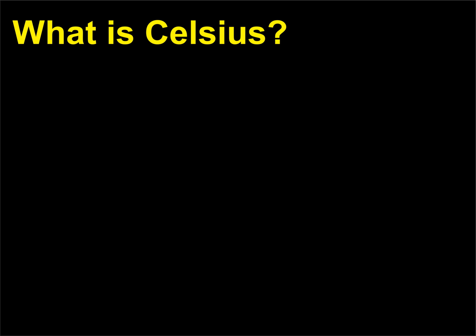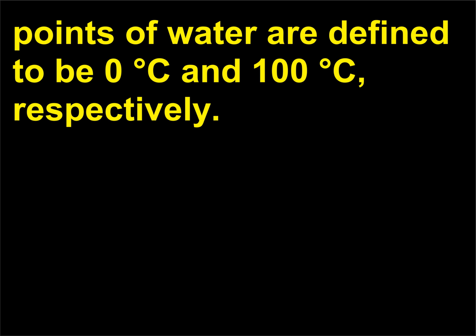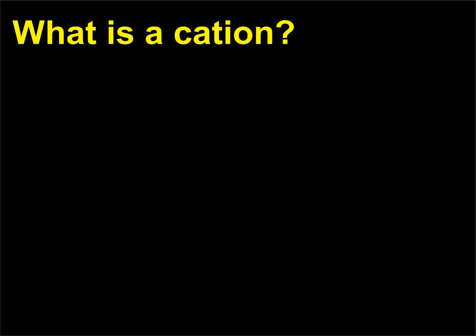What is Celsius? Common temperature scale in which the melting and boiling points of water are defined to be 0 degrees Celsius and 100 degrees Celsius, respectively. What is a cation?